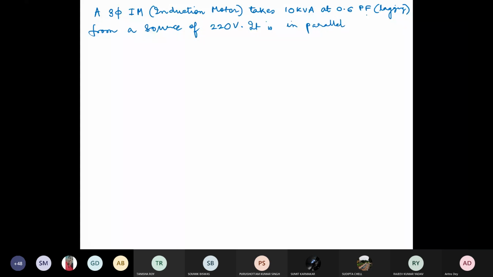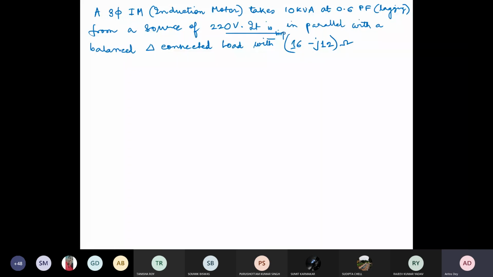It is in parallel with a balanced delta connected load with impedance 6 and capacitive reactance of 12, so it is minus 12 ohm.